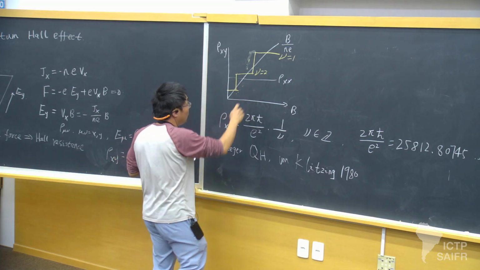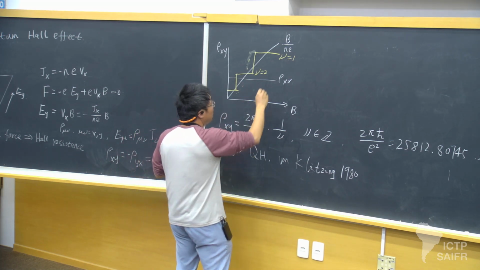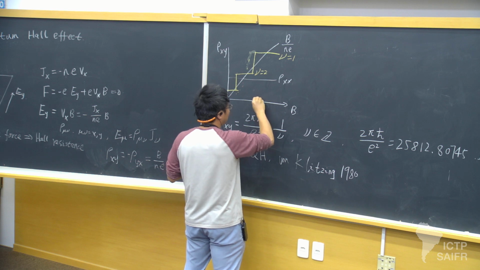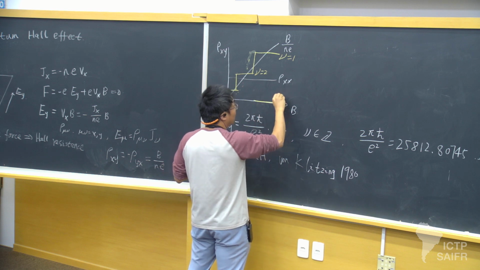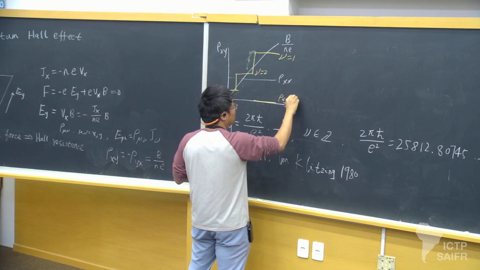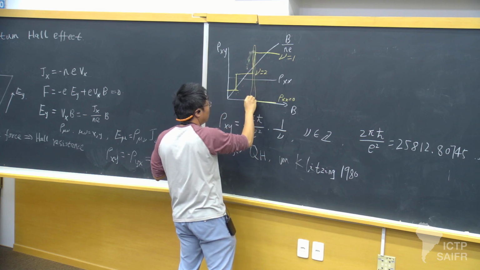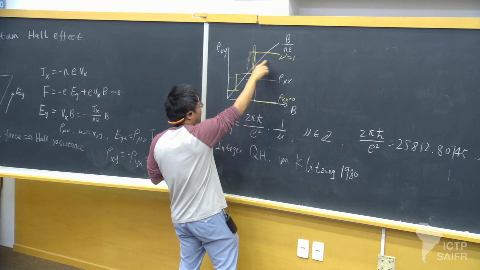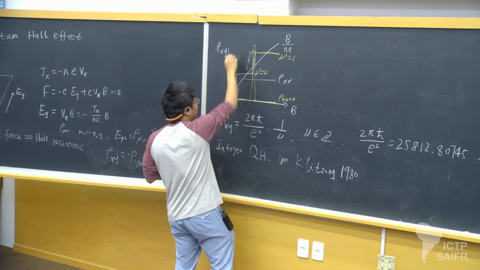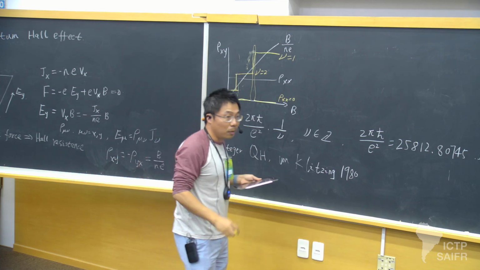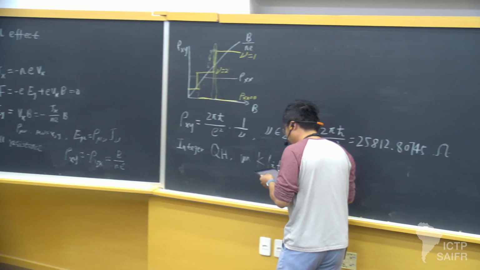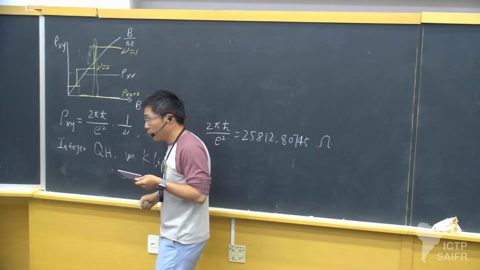But for the quantum Hall effect, what you will find is that rho XX stays exactly 0 at those plateaus, and it will only jump as you change from one plateau to the other plateau. That is also observed experimentally. That is another property of the quantum Hall effect.